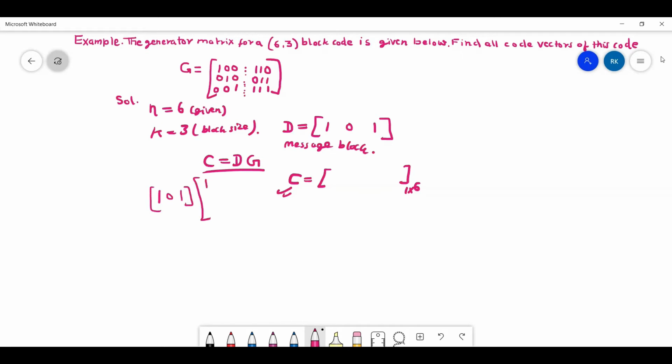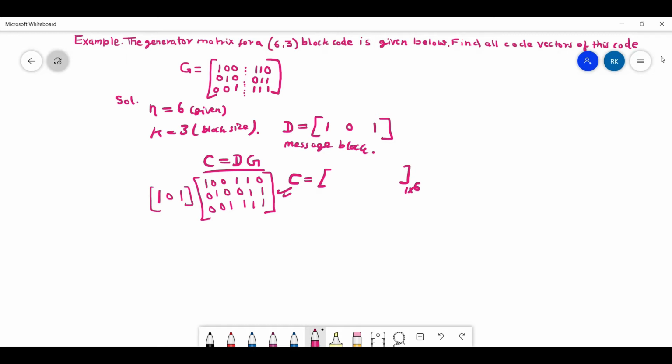We will make use of standard rules for matrix and vector multiplication, multiplying 101 with the first column, and similarly with all the columns we are going to obtain 6 values here.